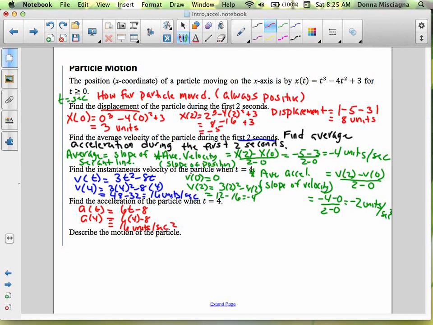All right, so now let's describe the motion of the particle. We're going to talk about when it is moving right and left, and speeding up and slowing down.